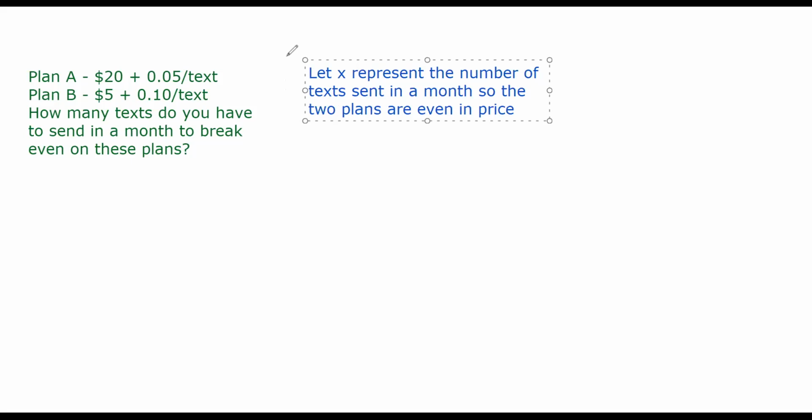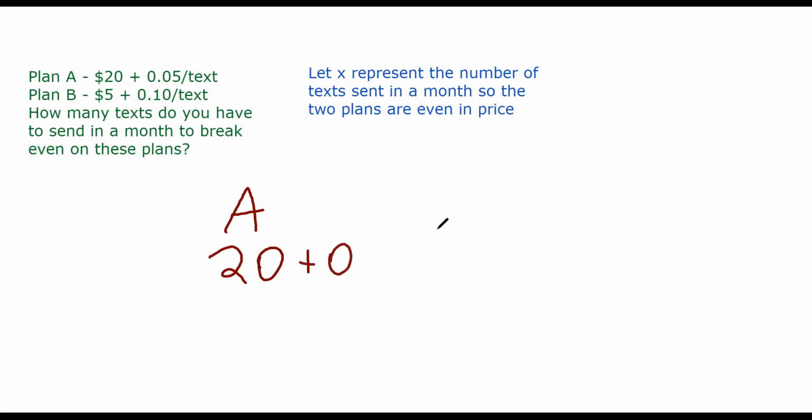So let's see, now that we know this, Plan A, we can set up a little expression for how much Plan A is going to cost me. Well, it's a flat $20 plus 0.05, which is 5 cents, times what? X, exactly.